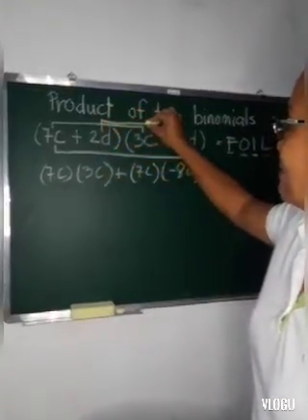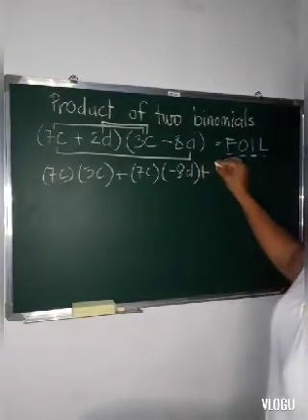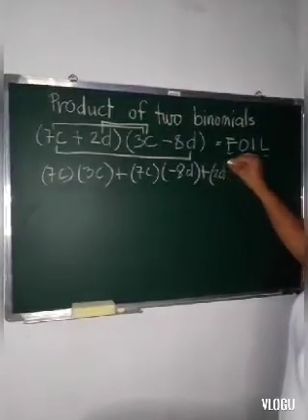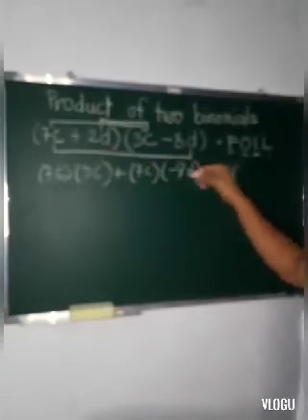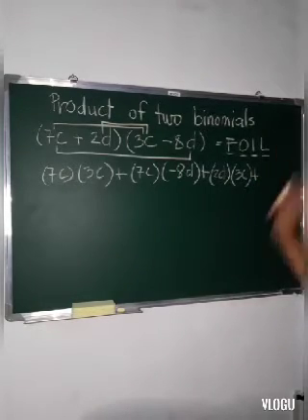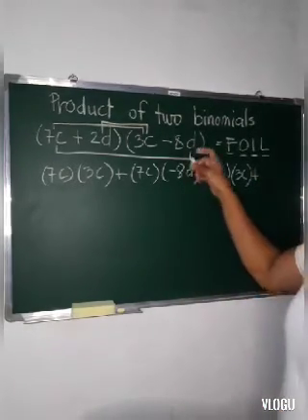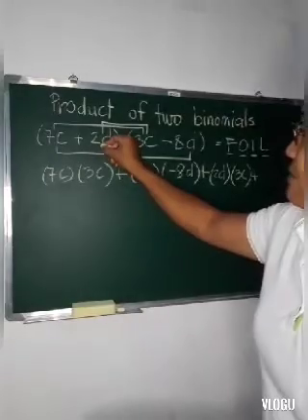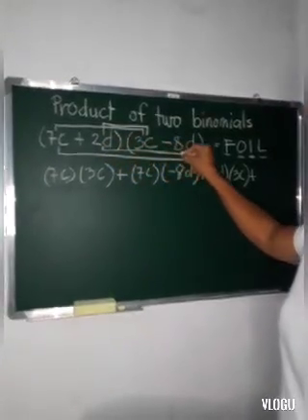So positive 2D multiplied with positive 3C. And plus L, meaning to say last and last. So we have 2D and negative 8D. 2D multiplied with negative 8D.